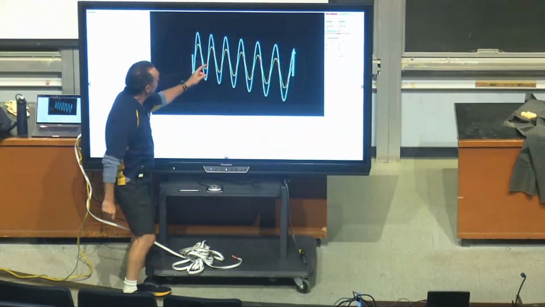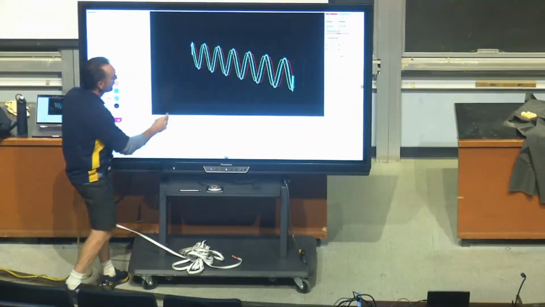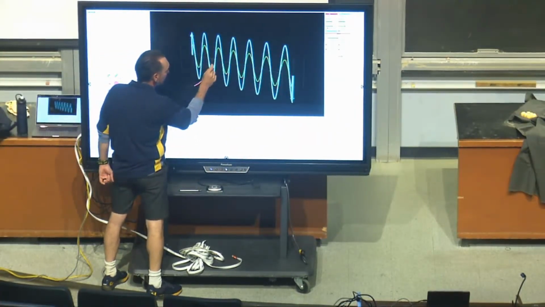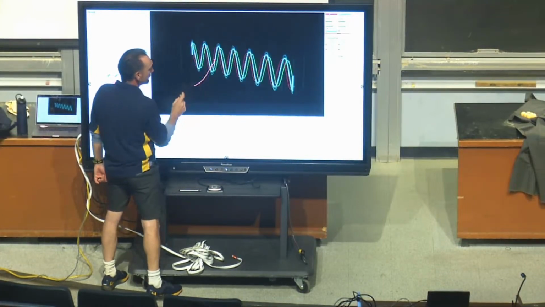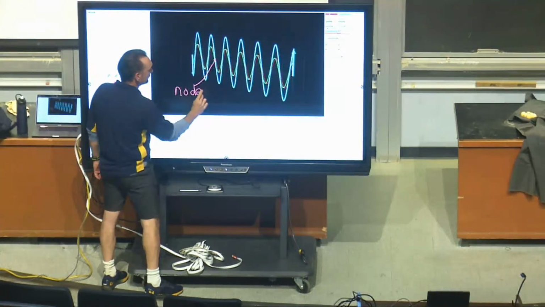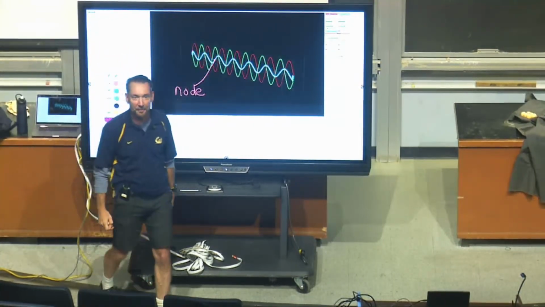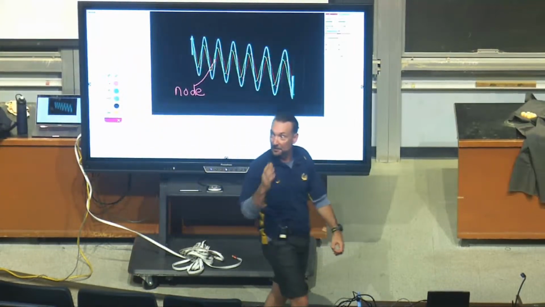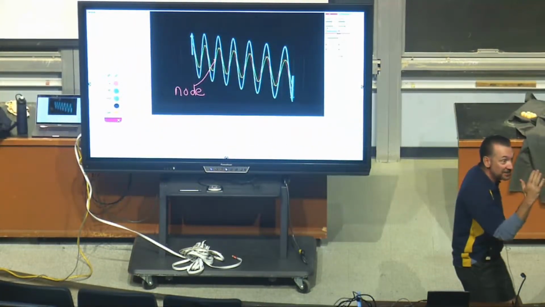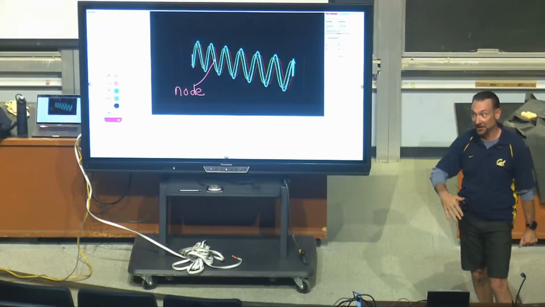So along the standing wave, we can note there's a node right there. The wave function is always 0 right there, a location in space where there's no amplitude and no energy changing.